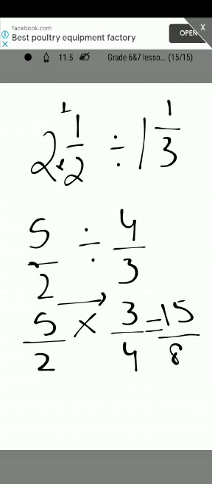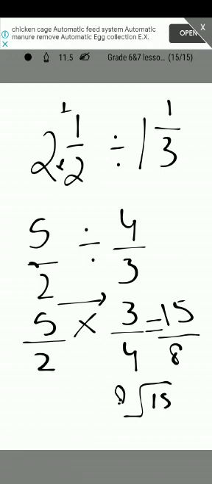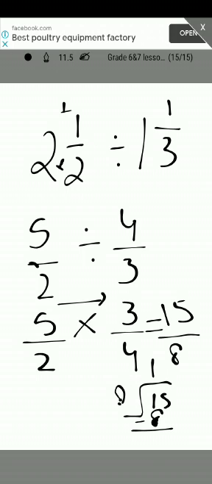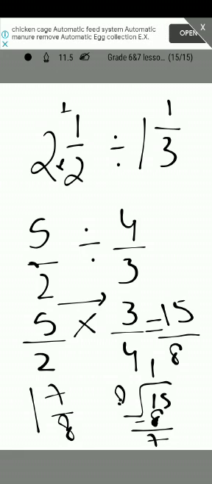Again 15 upon 8 is an improper fraction, so write your answer as a mixed number by dividing 15 by 8. 8 ones are 8, 7 you're going to have as the remainder, so 1 whole 7 upon 8 is your answer.